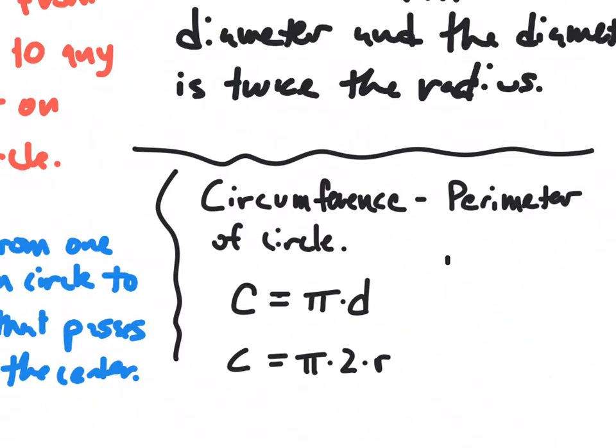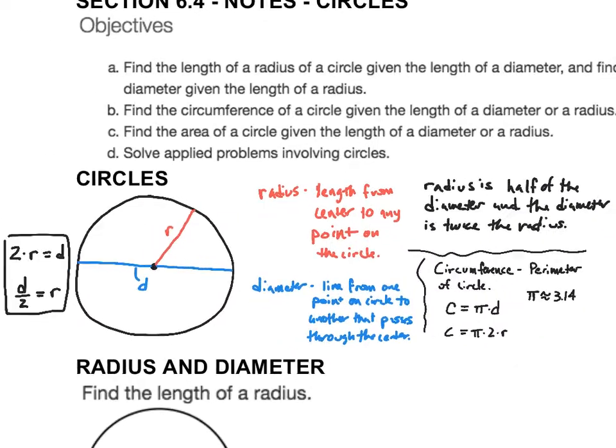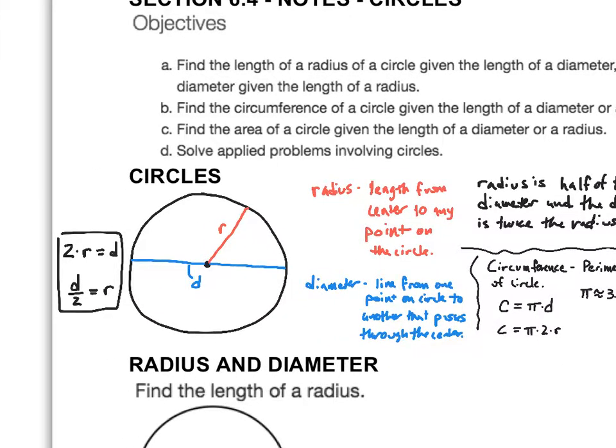Now let's talk about this number pi. Pi is a constant. Pi is a number. It's approximately 3.14. This decimal actually continues on forever and ever, but we can approximate it using 3.14. Way back when in ancient Greece, they would calculate the circumference of a circle by using a string.